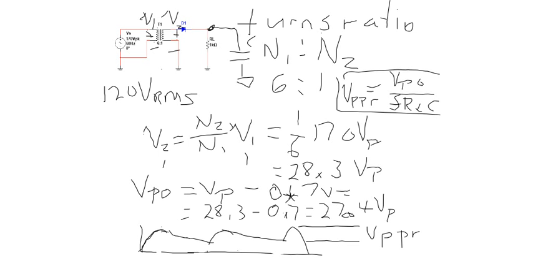Now, there's several different ways we can make that better. One is just the bigger we make the capacitor, the smaller the ripple voltage is going to get. So using a bigger capacitor or a bigger load resistor, either one would decrease that ripple voltage. But on the other hand, we're wasting half of our voltage here. We're just chopping off the negative half cycle and throwing it away.